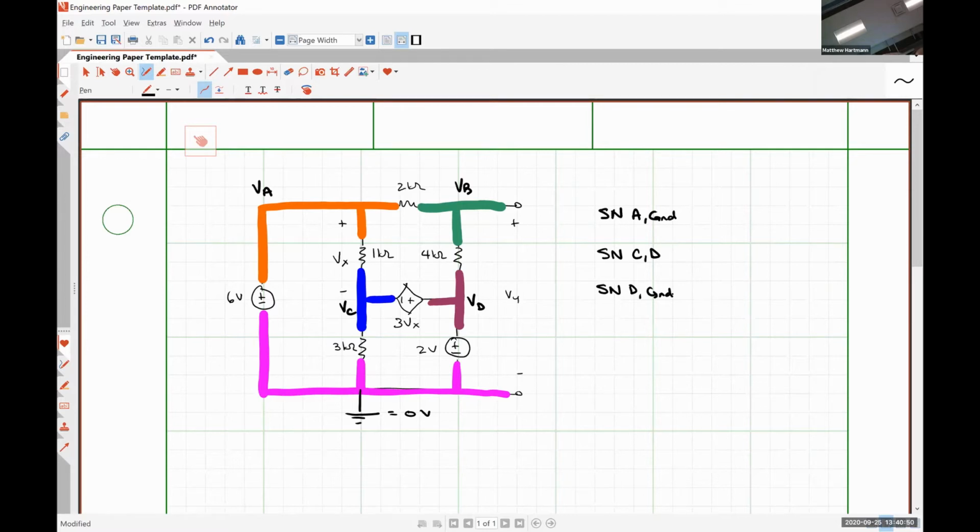Okay, so that supernode, let's use this color. All of these 3 voltage sources are actually then connected, forming a super duper node, okay? And I know that's a dumb and terrible name, but it's what I've chosen to use. So our super duper node is going to be like this.